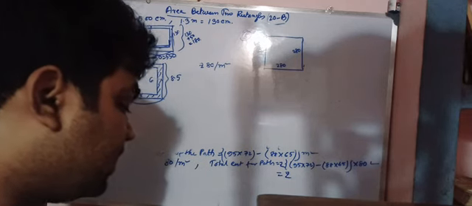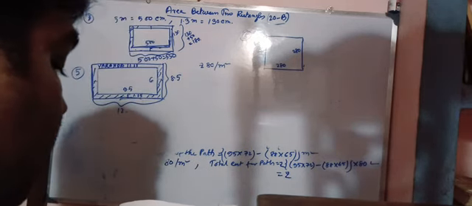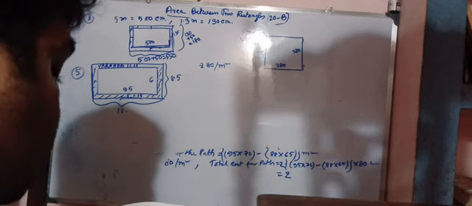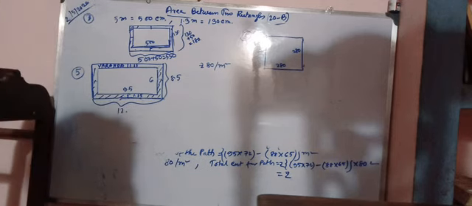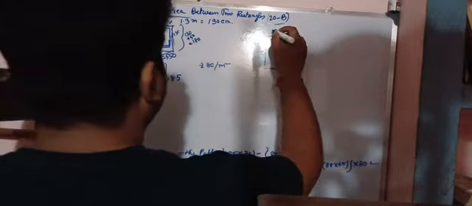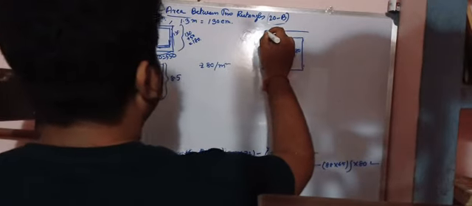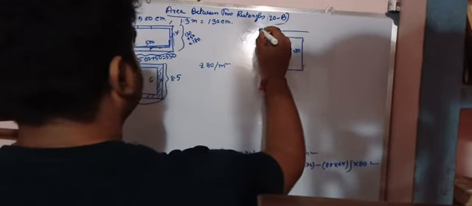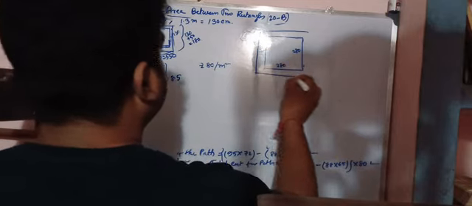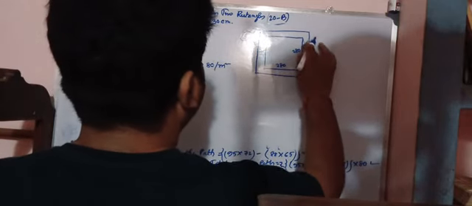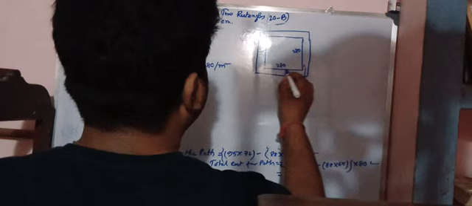So it is extended by digging a strip of 30 centimeter width around it. So a strip is dug 30 centimeter around it. So this is 30 centimeter, this is 30.